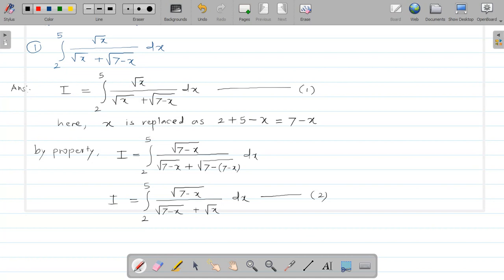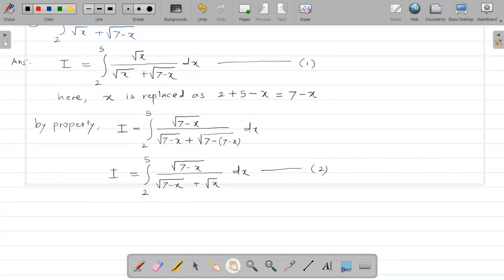Now if you observe this, the original integration is equation number 1, and we changed it by replacing x by 2 plus 5 minus x, that is 7 minus x, and after that change we get a new integration. But we require to solve the original integration, and we get another integration.